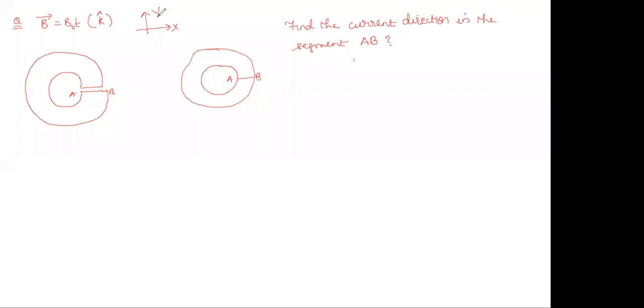B bar is B naught T K cap. The two opposite directions are there, sir. In the segment AB, what is the direction of current? Is it from A to B or B to A?